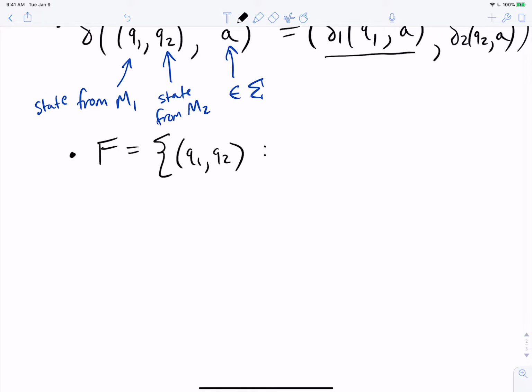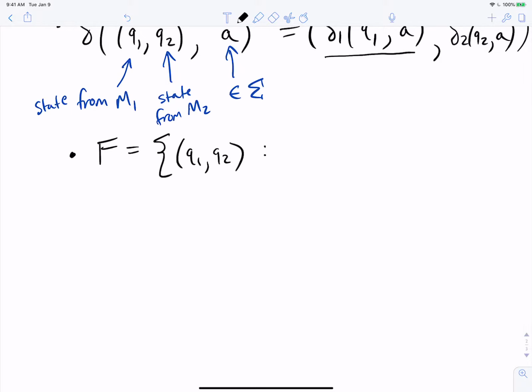And what was our criterion for union of whether this state should be marked as final in the original example? Q1 is accepted or Q2 is accepted. Right. So Q1 was an original final state in the first machine, or Q2 was a final state in the second machine.